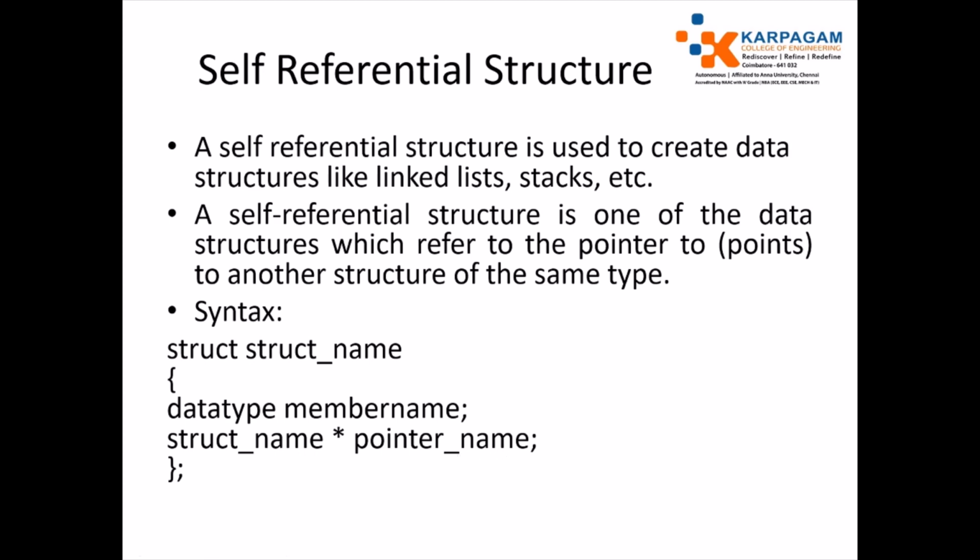So a self-referential structure is used to refer to a pointer to another structure of the same type, which is mainly used in linked list and other data structures like tree, graph, etc.